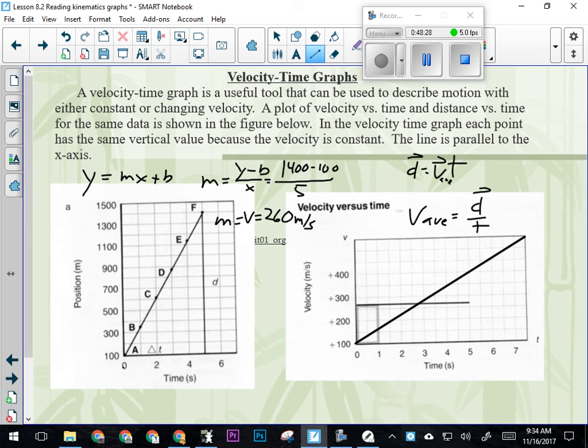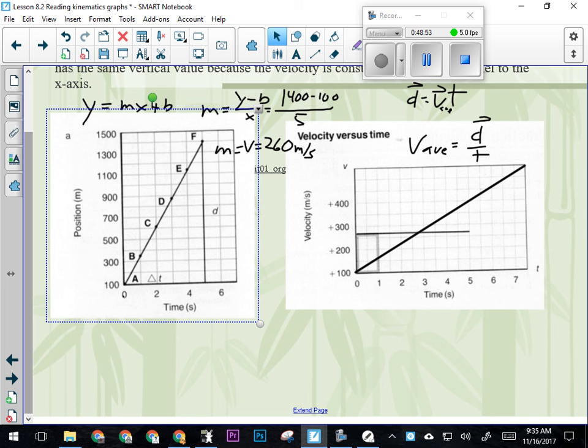So if I calculate the slope of that line, what am I calculating? The acceleration, because I'm calculating the rate at which the velocity changes. In this one, it was the rate at which the position changed. That's velocity. The rate at which the velocity changes is acceleration. So if I calculate the slope of this line, let's just make some room to do that.